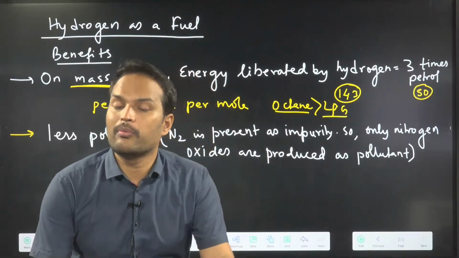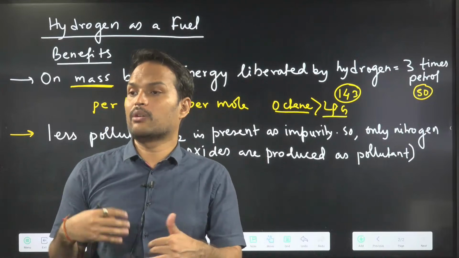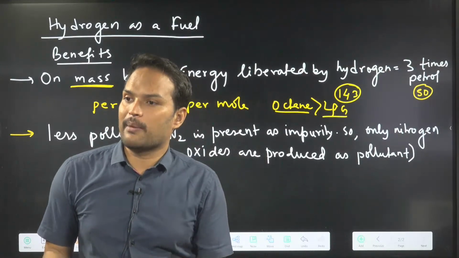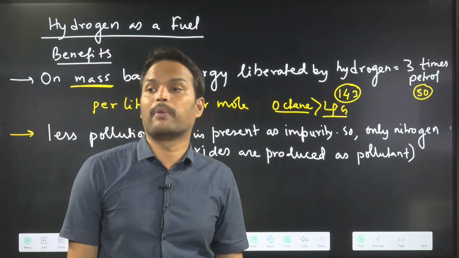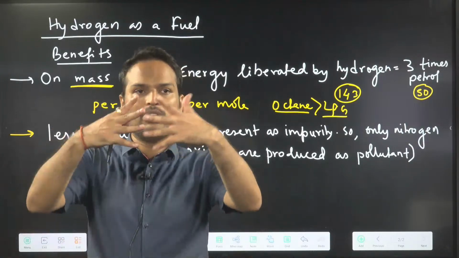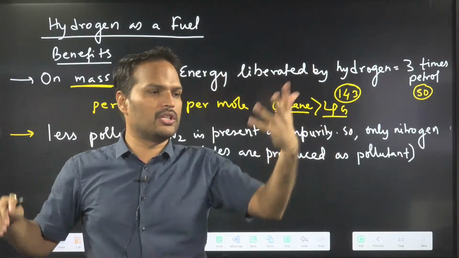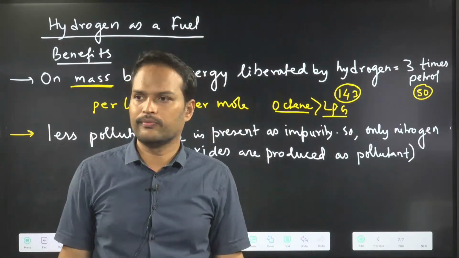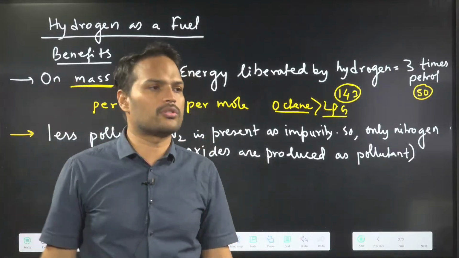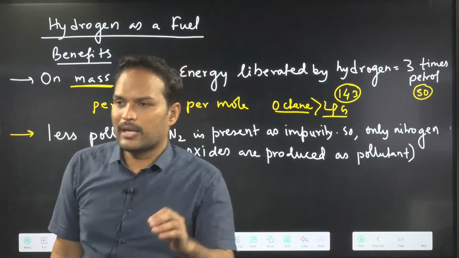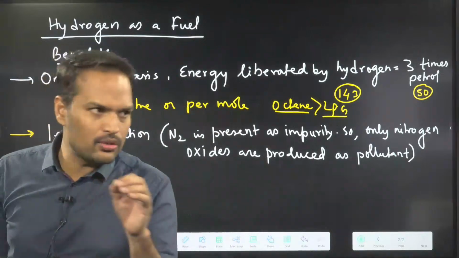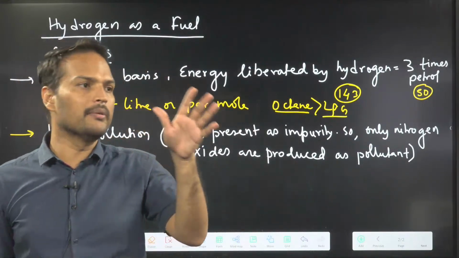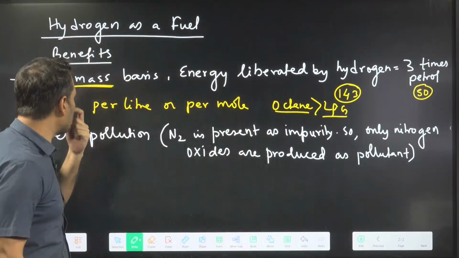They say automobile exhaust temperature is around 800,000 degrees Celsius. Then only nitrogen and oxygen are combining. Normally, in the environment, nitrogen is there, oxygen is there. Are they combining? No. Otherwise all the oxygen would be exhausted. So nitrogen and oxygen combine only at very high temperature. Keep this in mind.